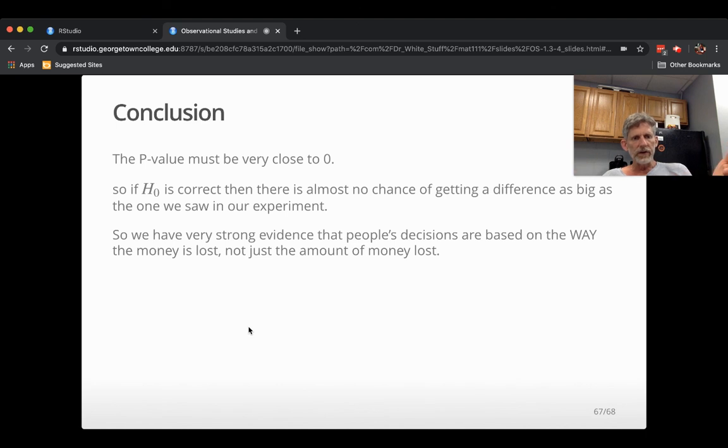So rather than believe that, I would believe that there is some relationship between the situation a person is in and the decision that they're liable to give. And since this was an experiment, that association really must be due to the explanatory variable causing the response variable.